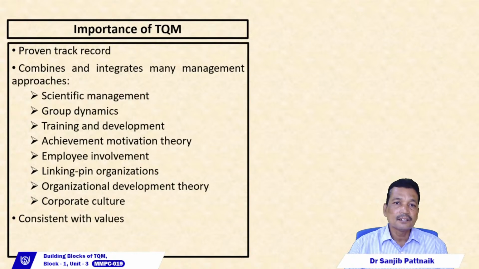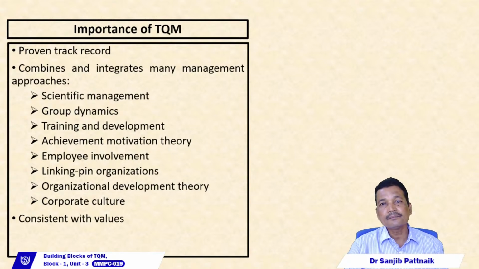That means total quality management, if it is applied through involvement of all in the organization as well as commitment, then the organization is going to be successful in the future. It may be nearby or it may be in the coming years.